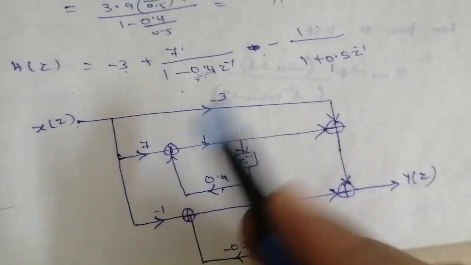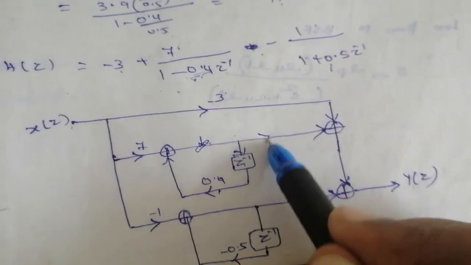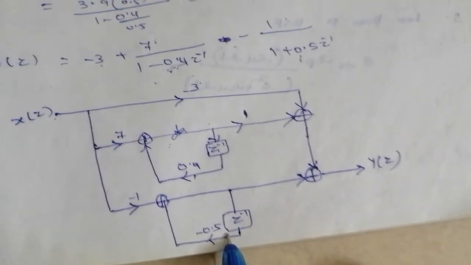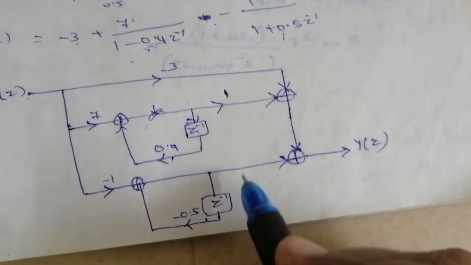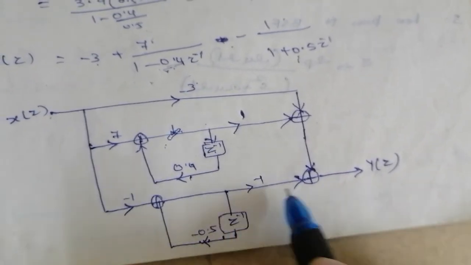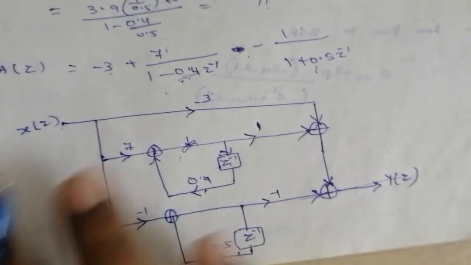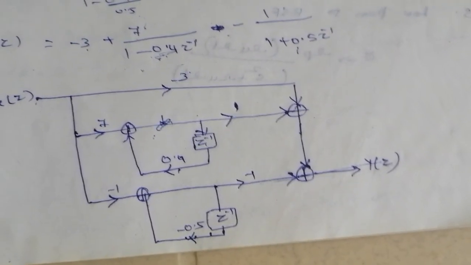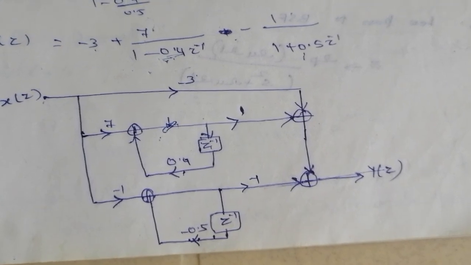The b naught value here is 1, which is parallel to H2 of z. Here b naught is minus 1, and we can draw a1 value as minus 0.5. So finally the output Y of z. This is the parallel form structure. Okay. I hope you all understand this structure of IIR filter.